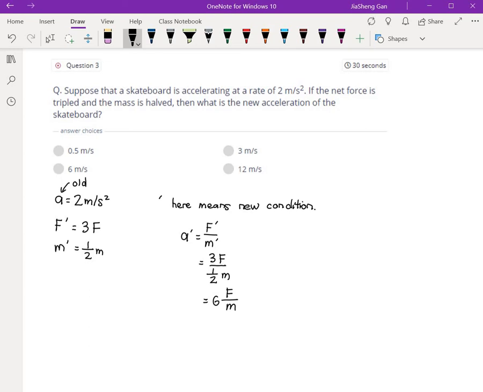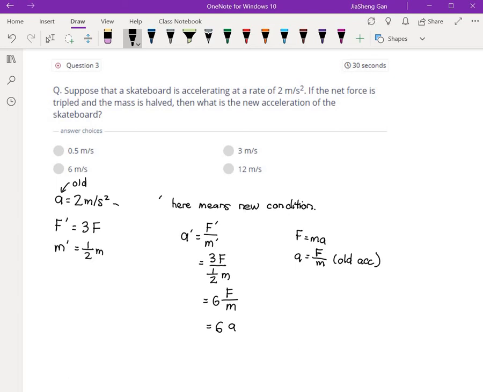But we know from F equals ma that a is F divided by m, which is the old acceleration. So the new acceleration is 6 times the old acceleration.